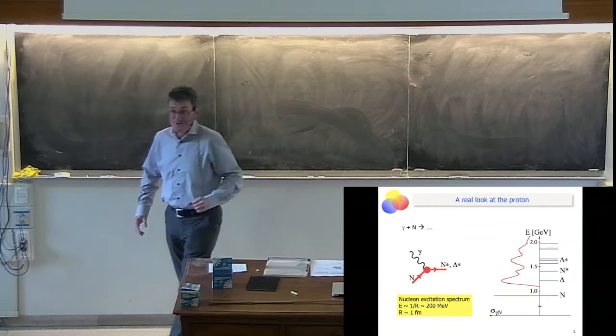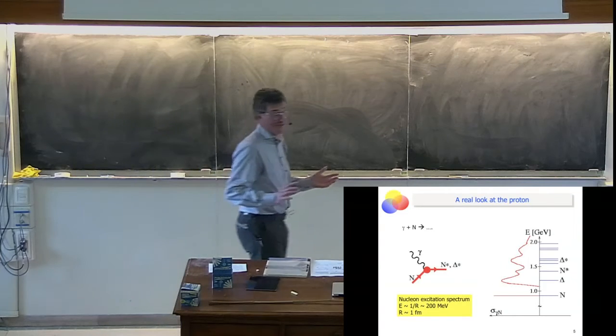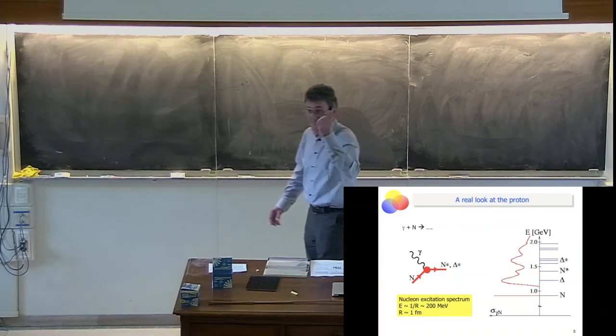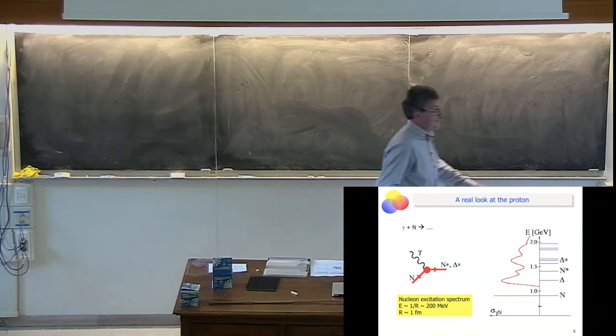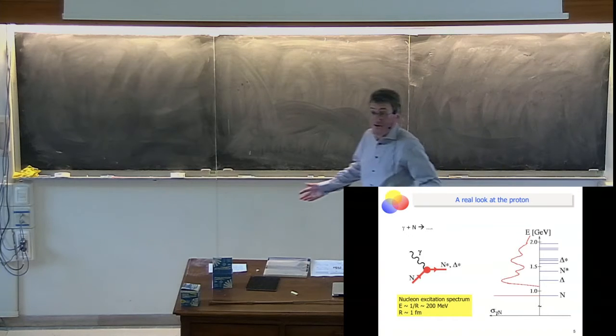And that, of course, is completely consistent with the picture that if the measurements at SLAC showed that the radius is 1 femtometer, everybody who knows a little bit of quantum mechanics knows that then wave numbers come in like pi over r, or 1 over r, let's take it as a scale, the 1 over r scale, 200 MeV.